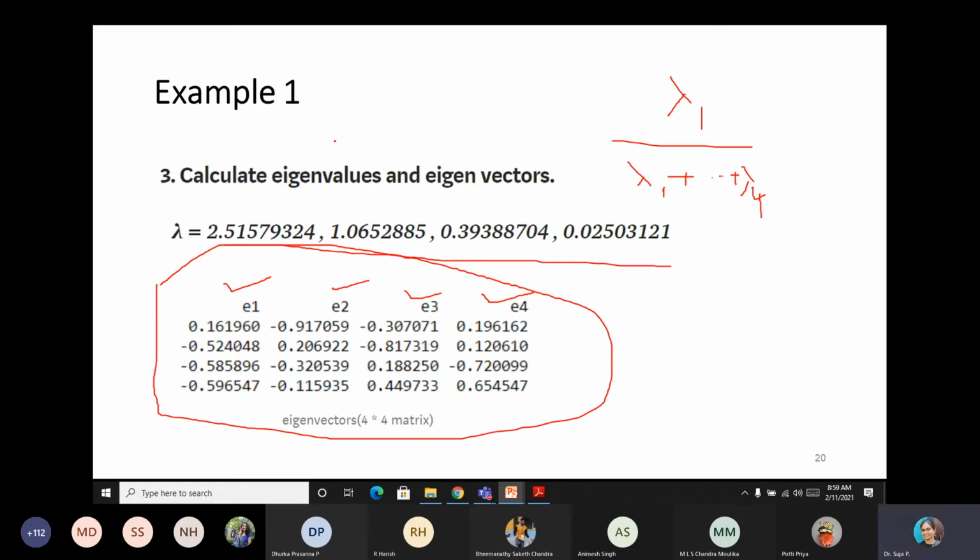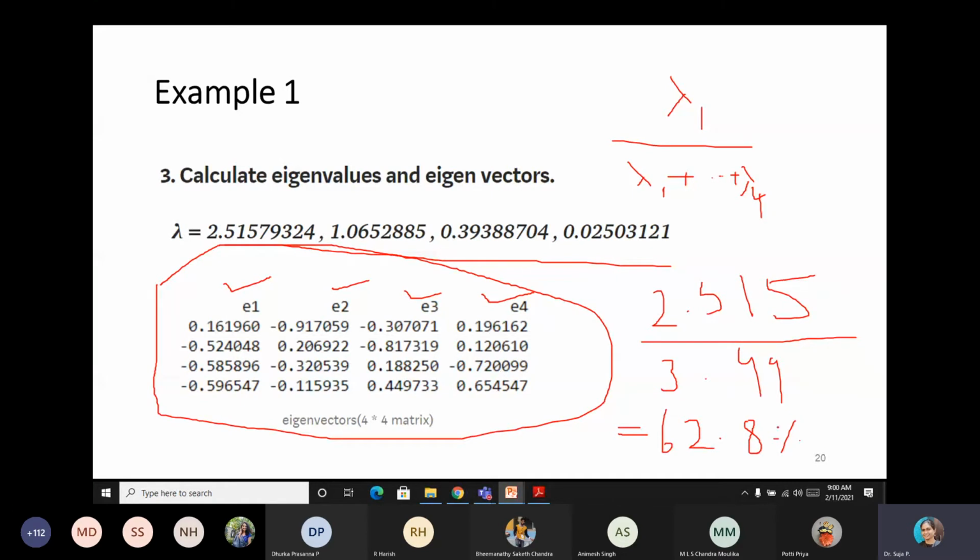So 2.515 divided by the sum of all the 4 lambda values, 3.99, which I took as 4. When I divide this, it gives 0.6289. If I multiply by 100, it gives me 62.8%.